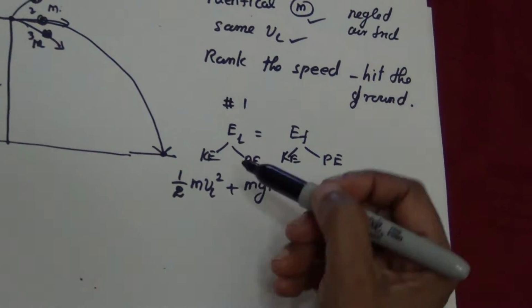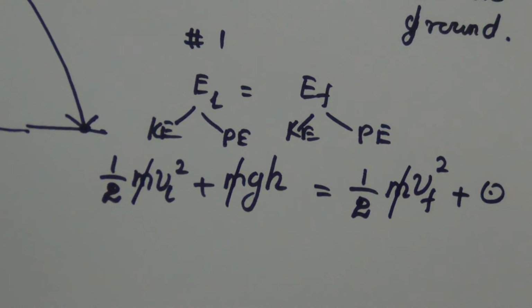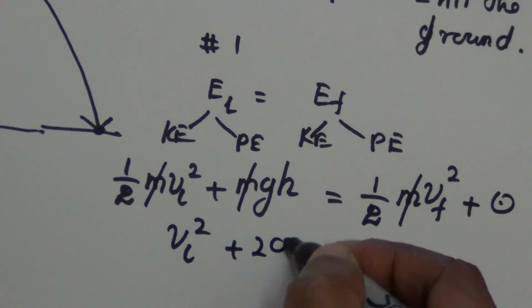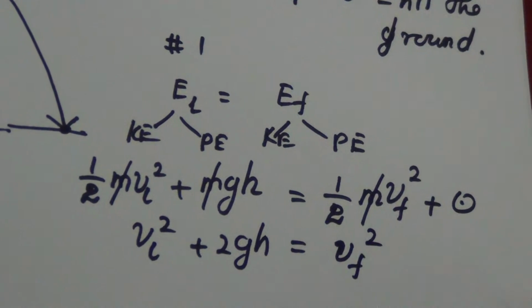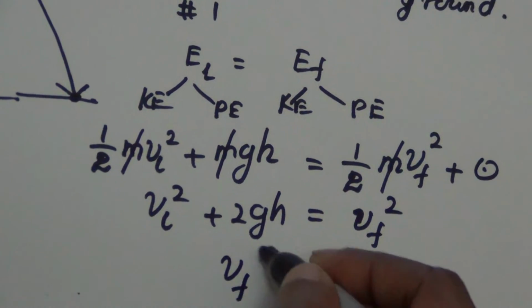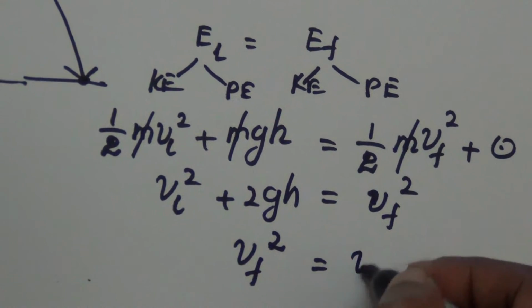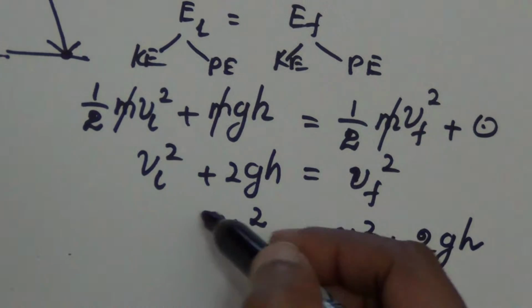So to simplify, I can cancel the masses. Now I'm going to multiply by 2. So 2gh is V final squared. You can see a familiar equation actually. The V final squared is V initial squared plus 2gh.